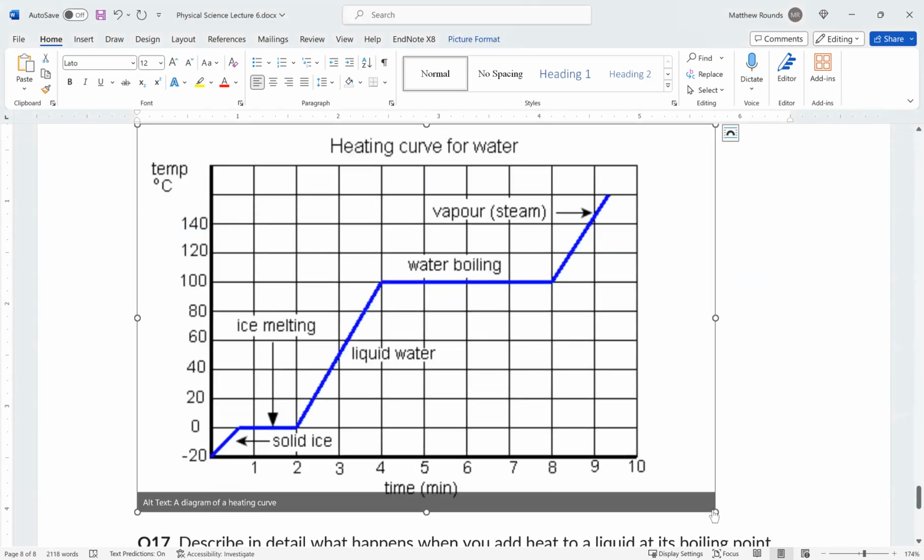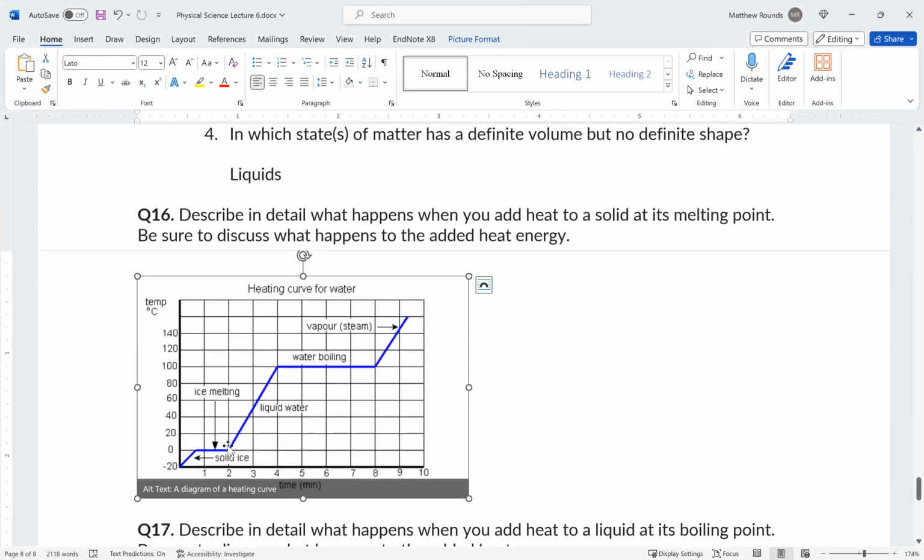So when we look at this graph, asking about what's happening down here at where it started, the horizontal line. They're saying, what happens when you add heat? Well, we know that the particles start moving more rapidly, but the temperature does not change.